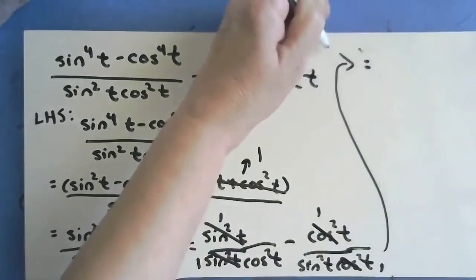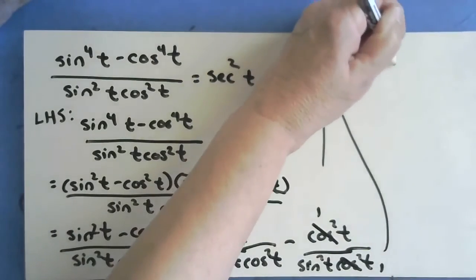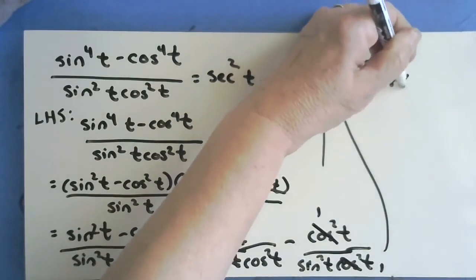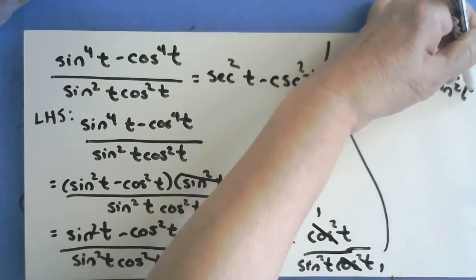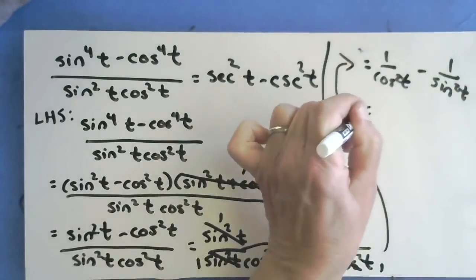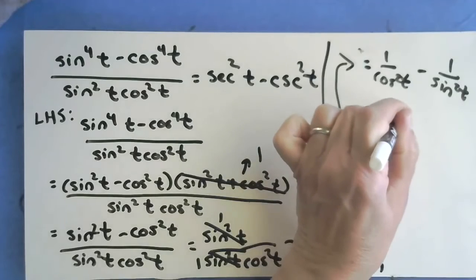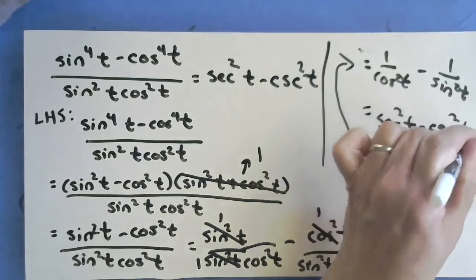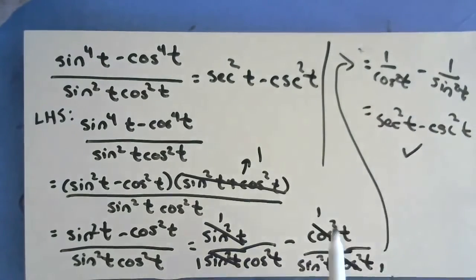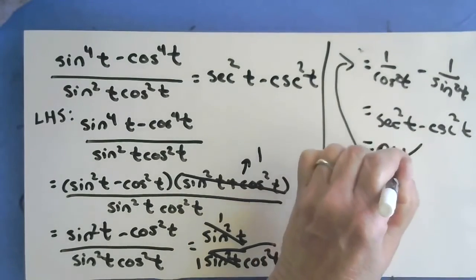I get an equals 1 over cosine squared t minus 1 over sine squared t, which I know is secant squared t minus cosecant squared t, and that's what we set out to get. That's our right-hand side.